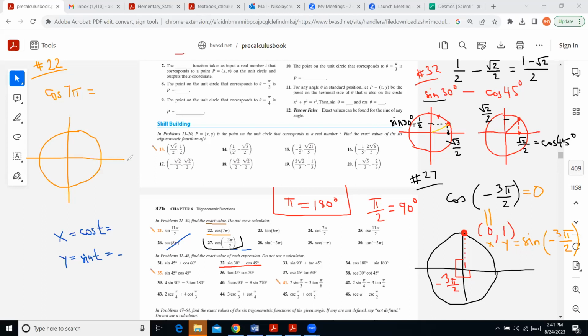And then starting at the positive direction of the x-axis and going counterclockwise, I go 1 pi, 2 pi, 3 pi, 4 pi, 6 pi, 7 pi. So the actual angle happens to coincide with my x-axis.